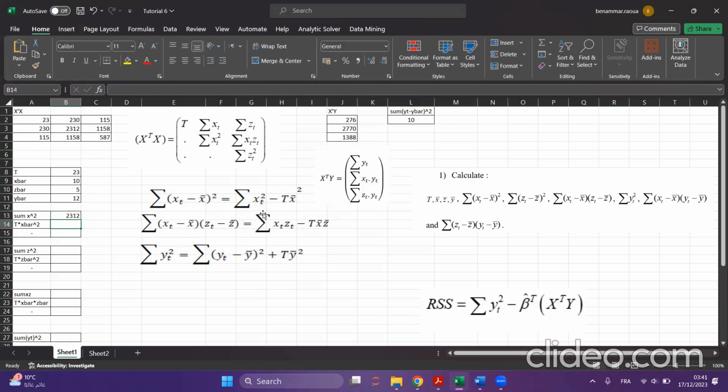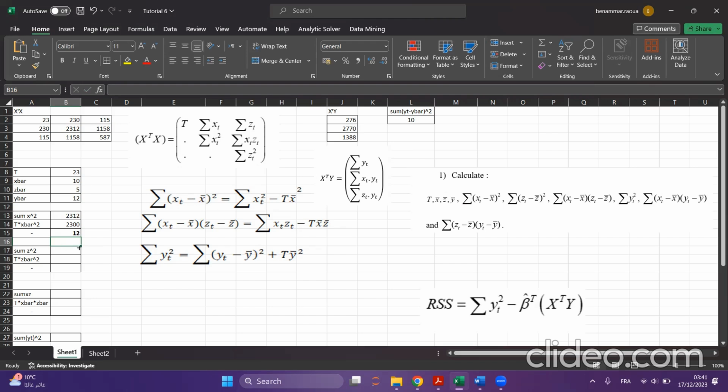And the second part is T times x bar squared, which is 100, and subtract this from the first element, and we find 12. So the sum of xt minus x bar squared is equal to 12.